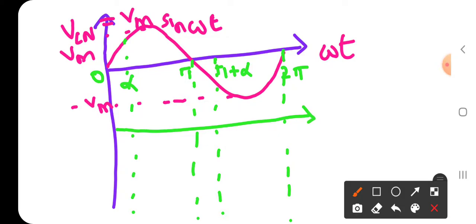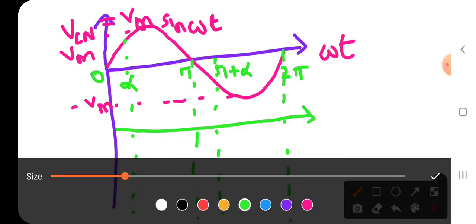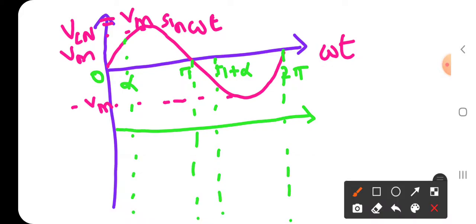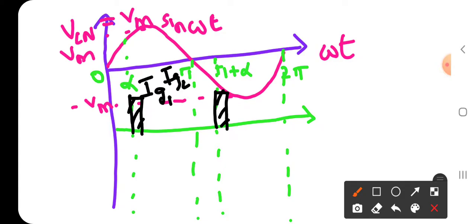We have given gate pulse at pi plus alpha. Let me assume this is the gate pulse: this is IG1, IG2, IG3 and IG4.